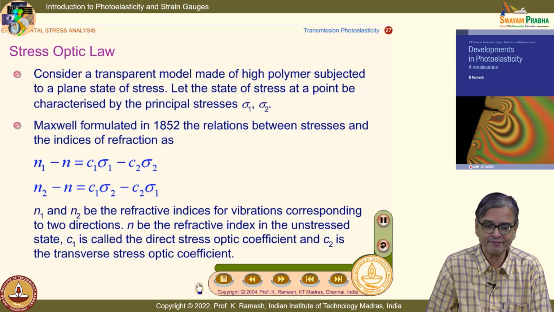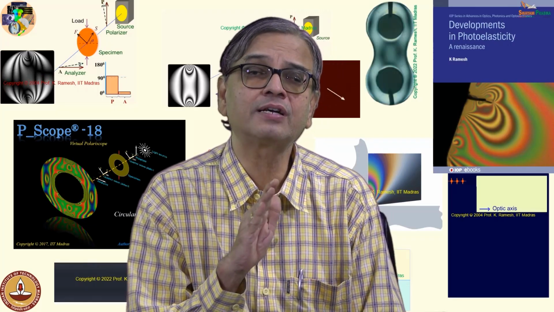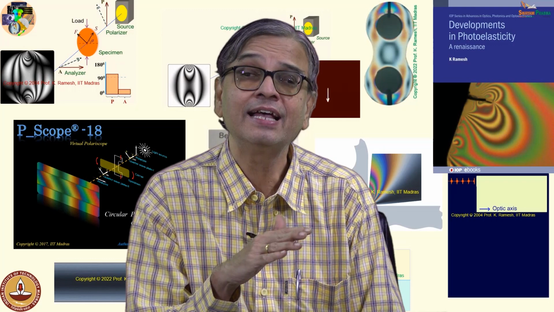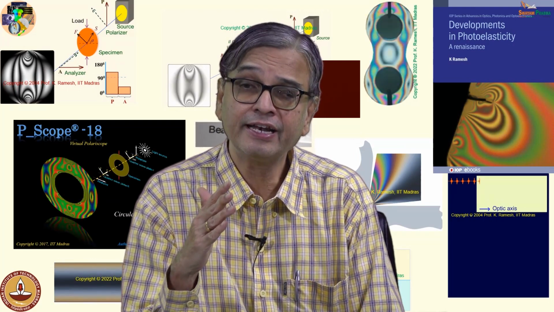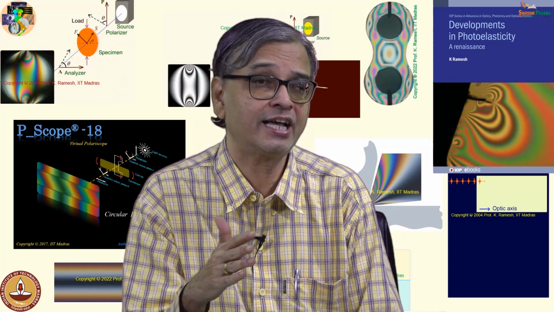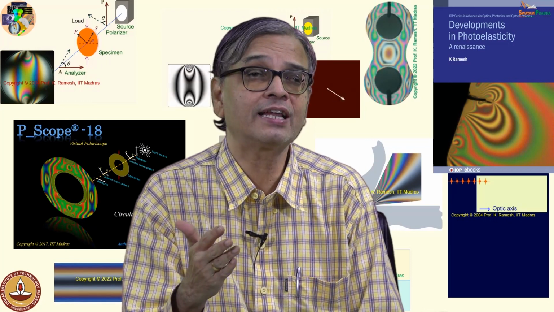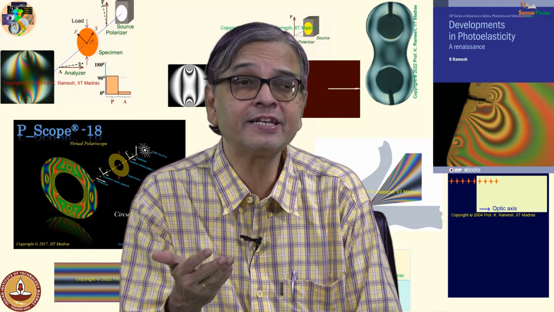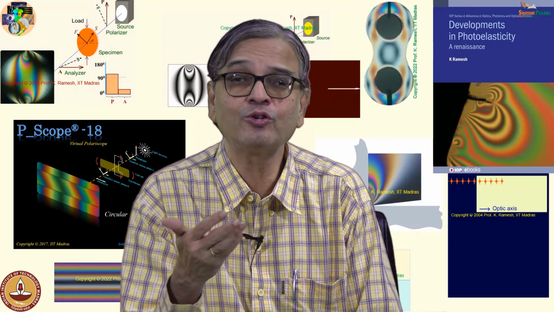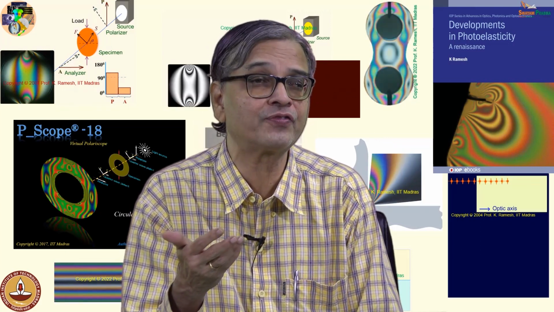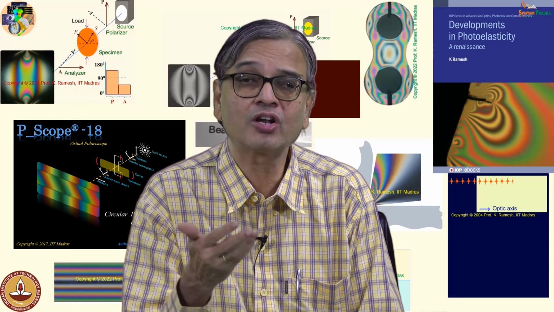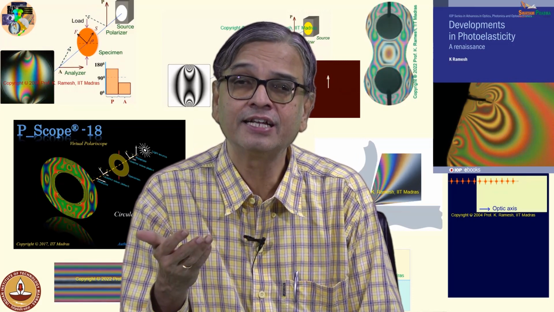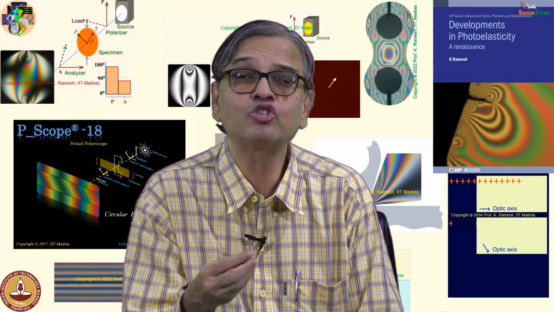I also have a book, published in 2021, which brings out the basics of photoelasticity as well as current day applications. I showed that if you want to analyze a functionally graded material or a heterogeneous material like concrete, or do locomotion studies of snakes, or find out stresses induced in the roots of a plant.